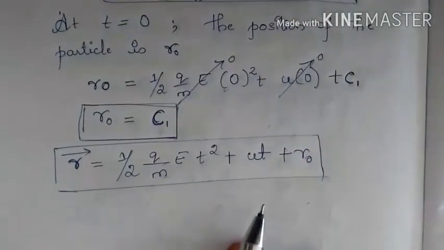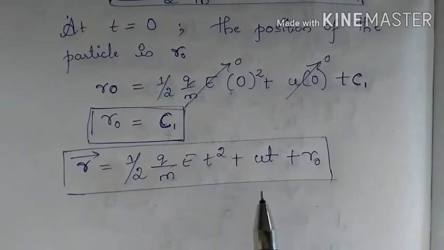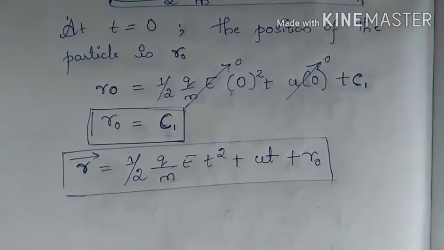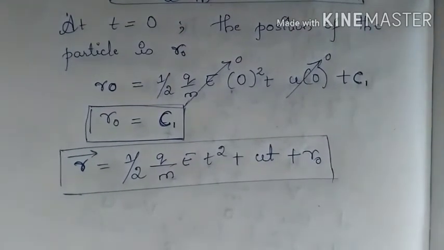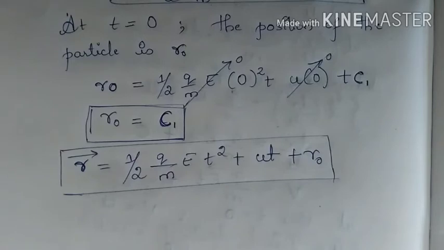And this is the final equation. So that means when the position of a particle is r0 at time t is equal to 0, then we get r is equal to QE by 2m t square plus ut plus r0.